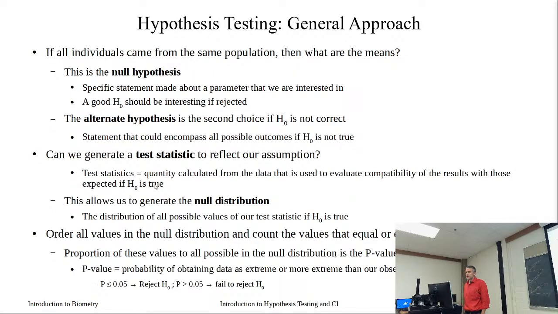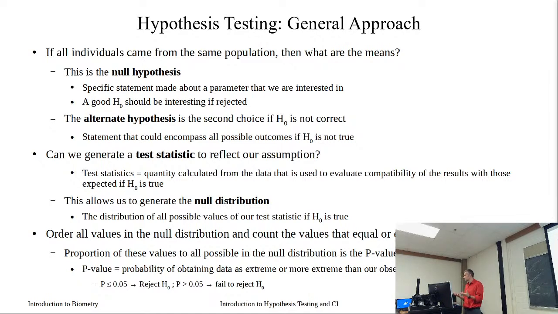All right, so here's our approach. We're going to assume that all of our roaches come from the same population. Right? We're going to assume that they come from the same population, which means that location designation is arbitrary. So then, if they all come from the same population, then our means should all be equal.